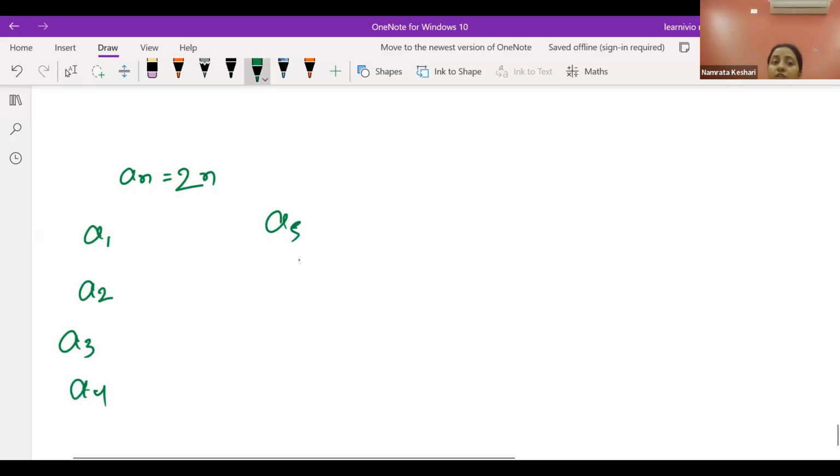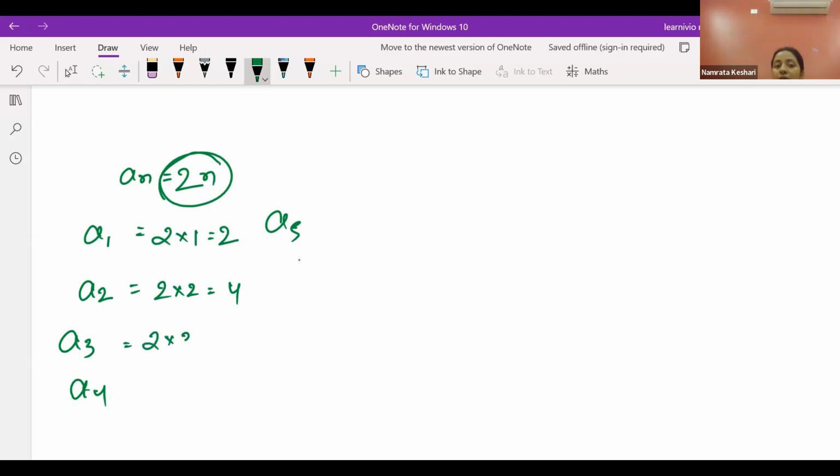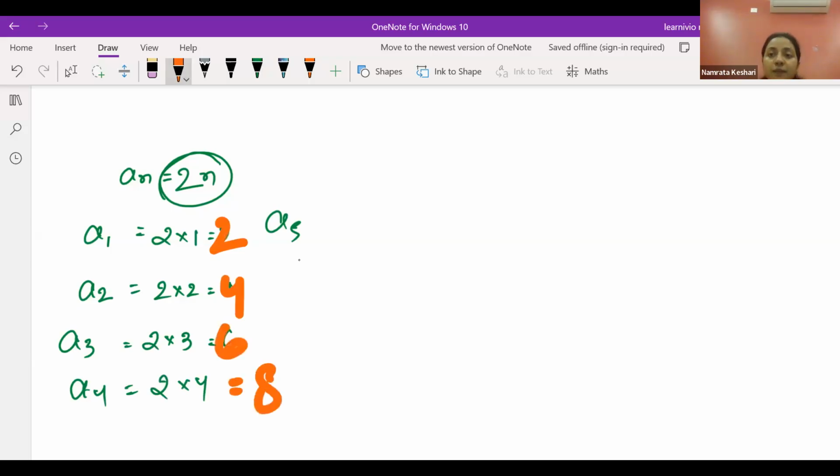Very easily, just by putting n as 1, 2, 3, 4, you will be able to find them. If you put n as 1, you get the first term 2. If you put n as 2, you get the second term 4. If you put n as 3, you get the third term 6. If you put n as 4, you get the fourth term. And this is not any other sequence. This is the same sequence which I had written on the screen initially. Can you see that?